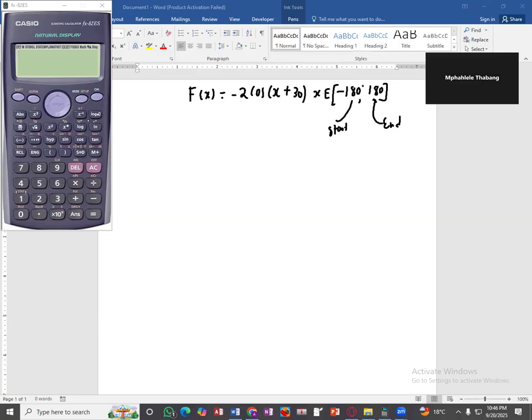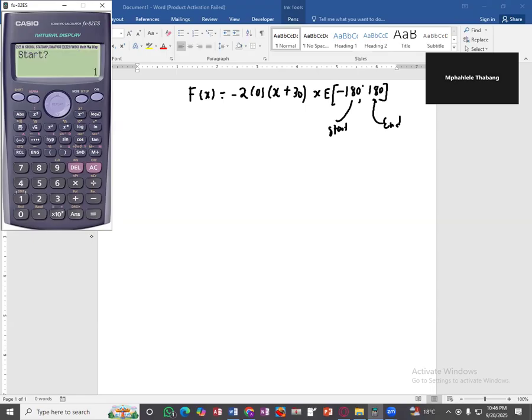Let's go to the calculator and press mode. You press mode, you press 3 for the table. You enter -2 cos, alpha x, plus 30, equals. Where do we start?